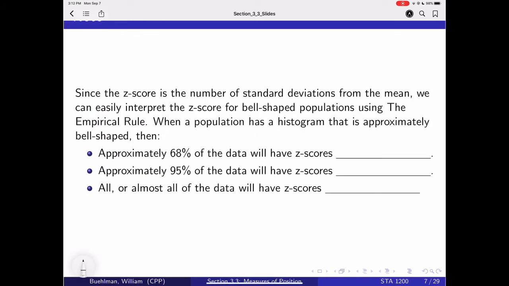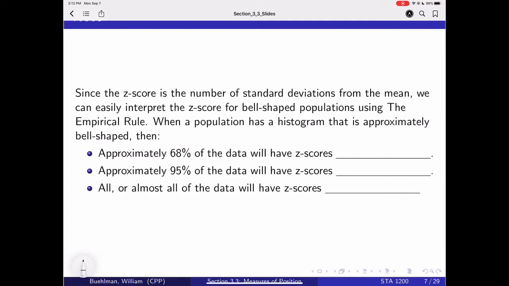So here's a note on z-scores. Since the z-score is the number of standard deviations away from the mean, we can easily interpret the z-score for bell-shaped populations. So if you remember before, I said when we had a bell shape, we could use the empirical rule. Well, we can connect that with z-scores now.